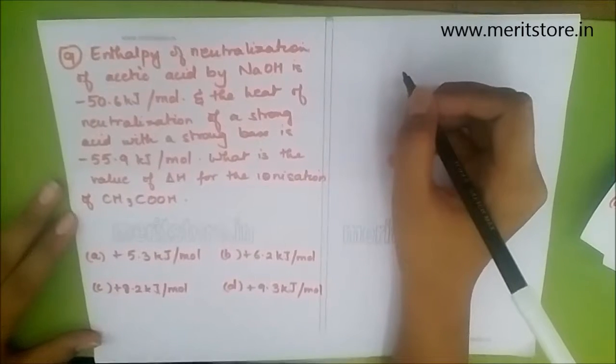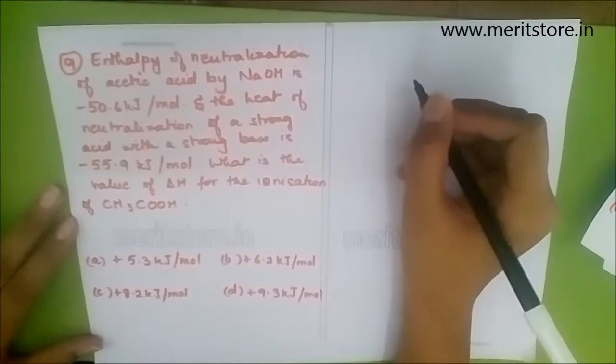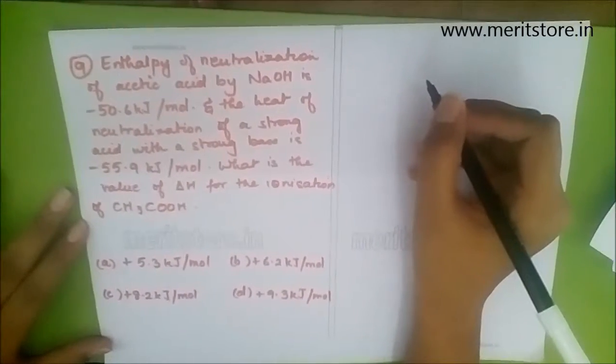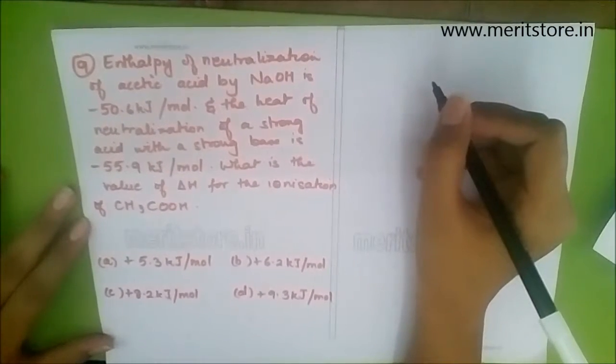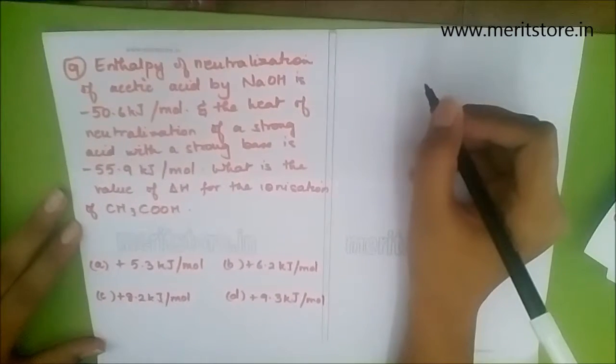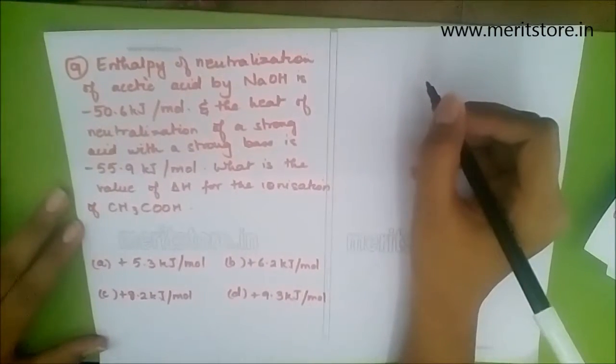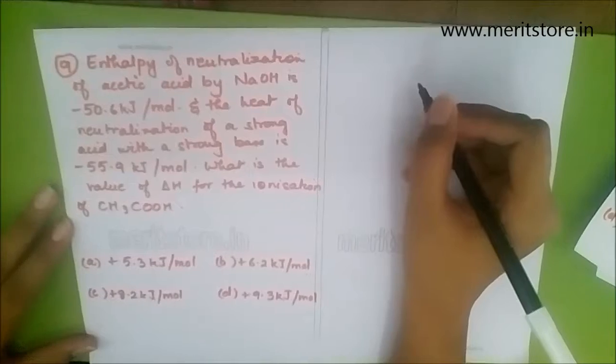Enthalpy of neutralization of acetic acid by sodium hydroxide is minus 50.6 kilojoules per mole, and the heat of neutralization of a strong acid with a strong base is minus 55.9 kilojoules per mole. What is the value of delta H for the ionization of acetic acid?